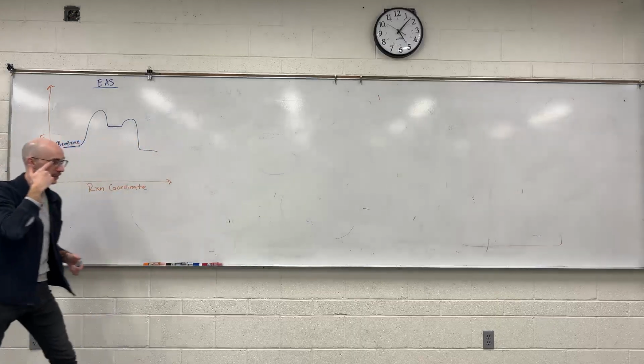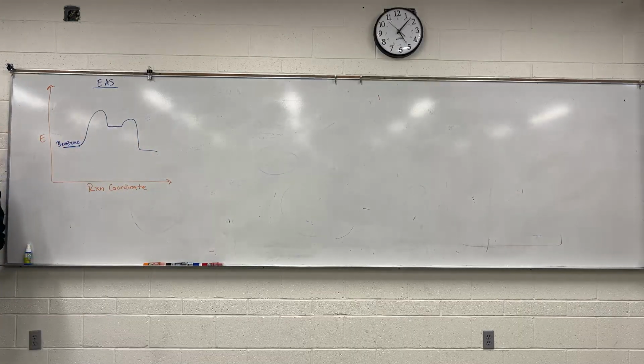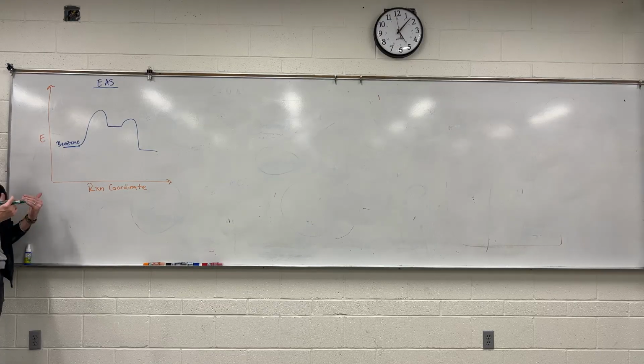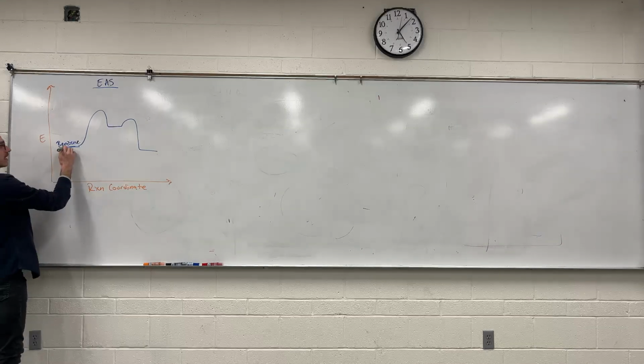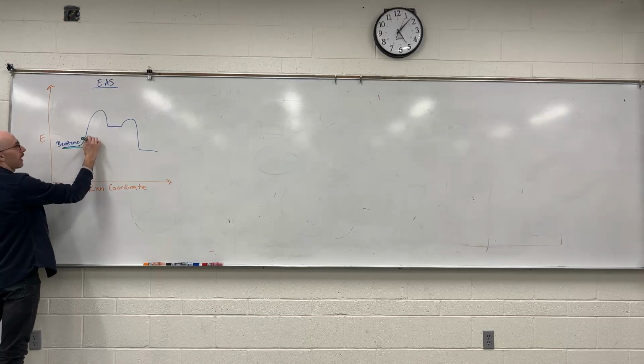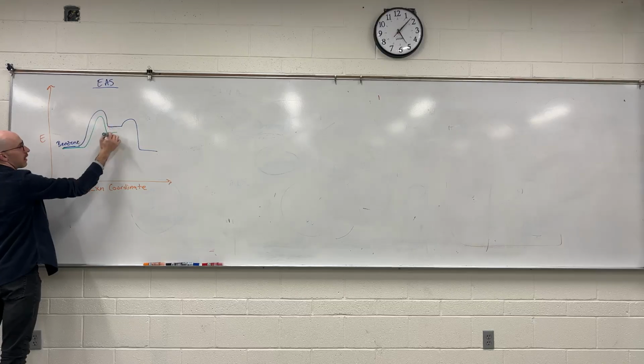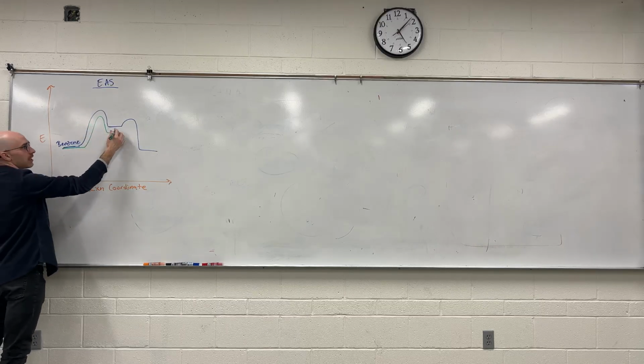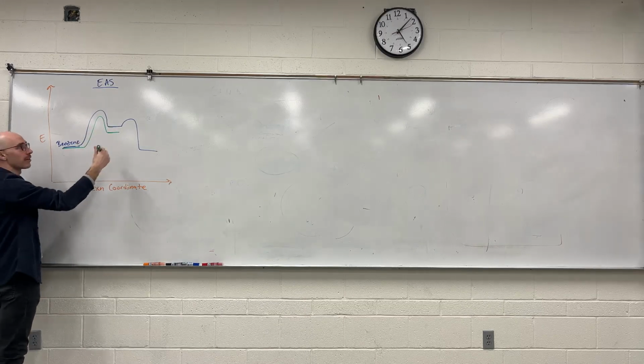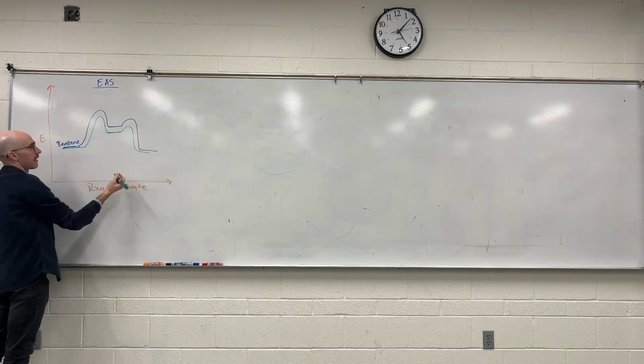I had started drawing this yesterday. I do apologize, my colors will probably be different than what they were yesterday. But we said that electron withdrawing groups activate the ring. That means instead of needing to go so high in energy, I actually come down in energy. I get a lower energy intermediate, and then I go to my product.